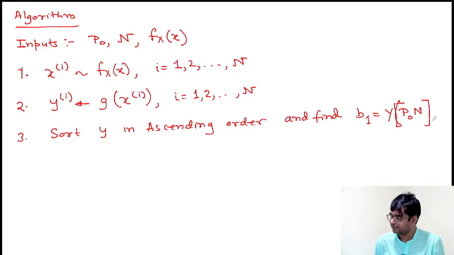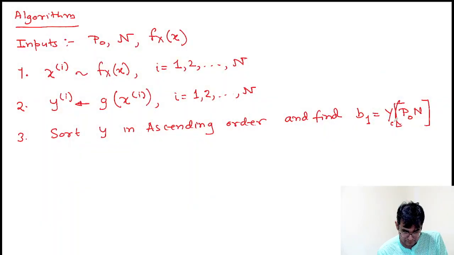And by the way, when I'm writing y, this y is already arranged in the ascending order, so maybe I should write ya. ya is basically y arranged in ascending order, right?